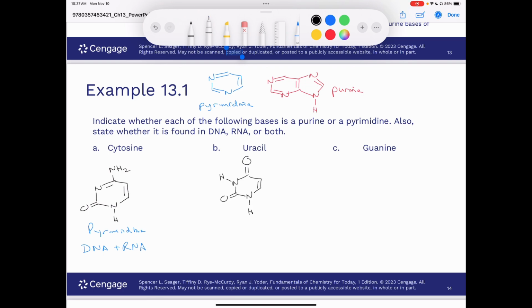And again, you can see that uracil is a pyrimidine. And it is only found in RNA. And last we have guanine. And you can see that guanine is a purine. And guanine is found in both DNA and RNA.